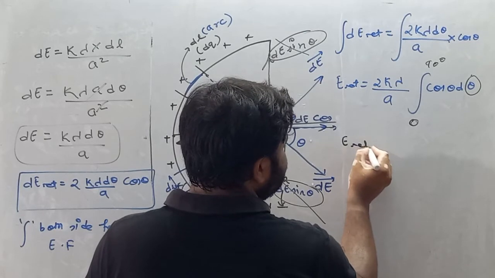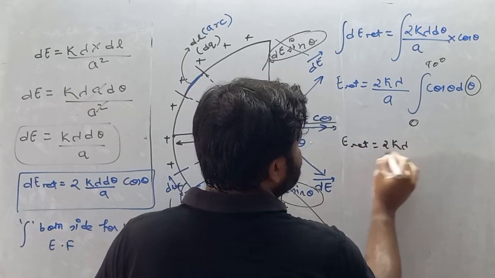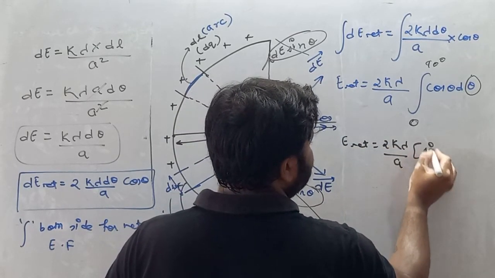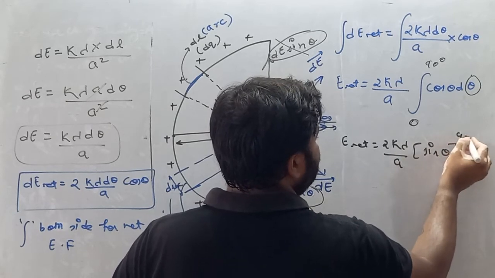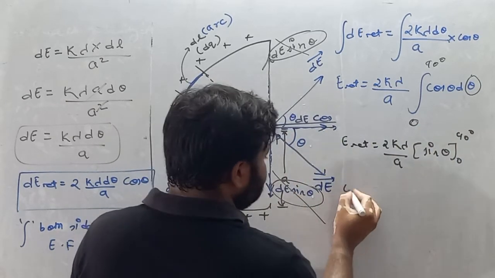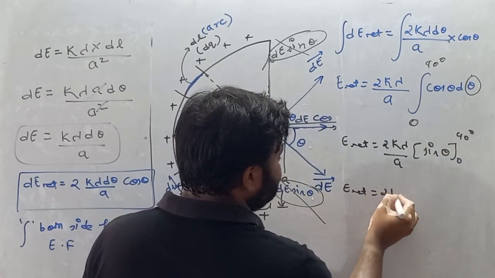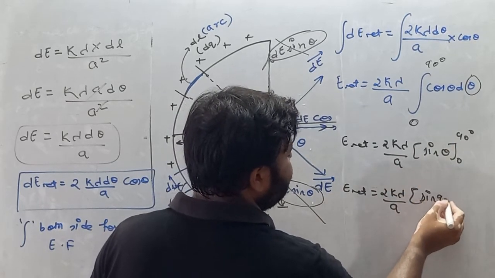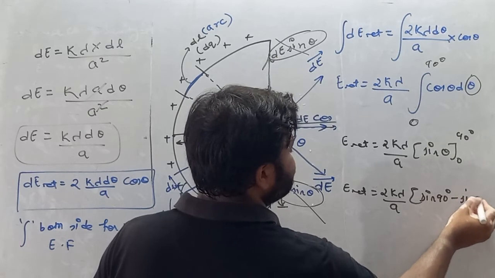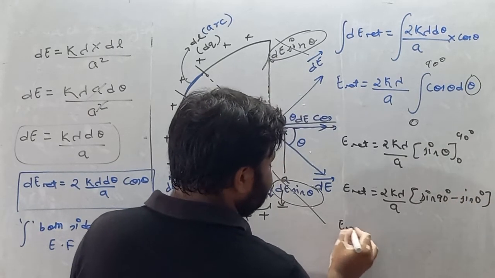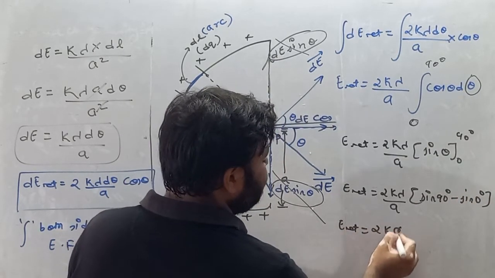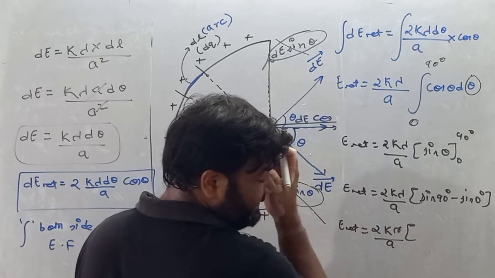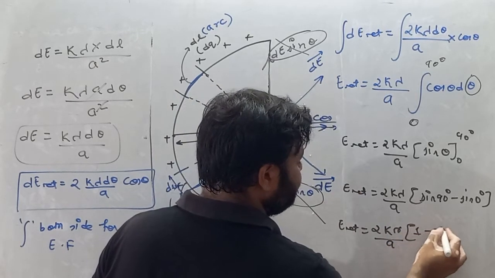Now the integration of cos theta is sin theta. So E net is equal to 2k lambda by a sin theta from 0 to 90. So E net is equal to 2k lambda by a, upper limit minus lower limit, sin 90 minus sin 0. Sin 90 is equal to 1, and sin 0 is 0.